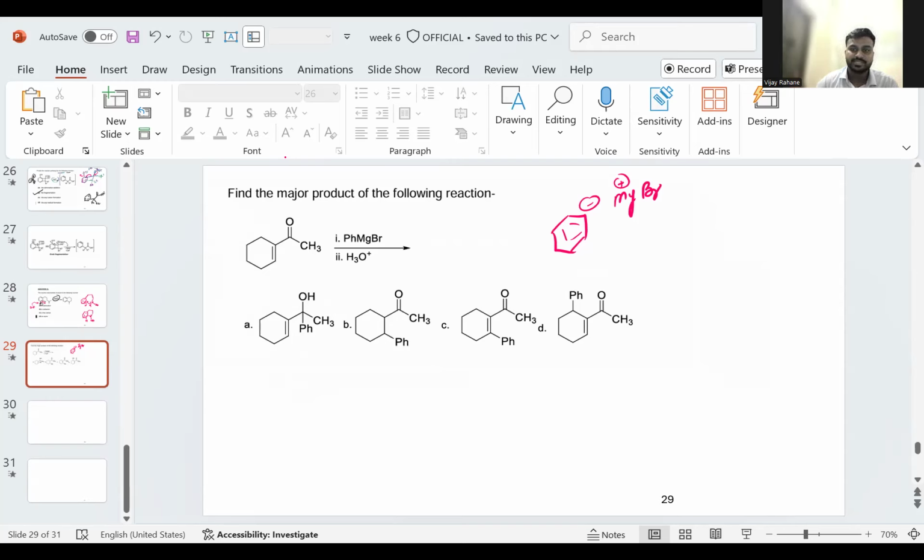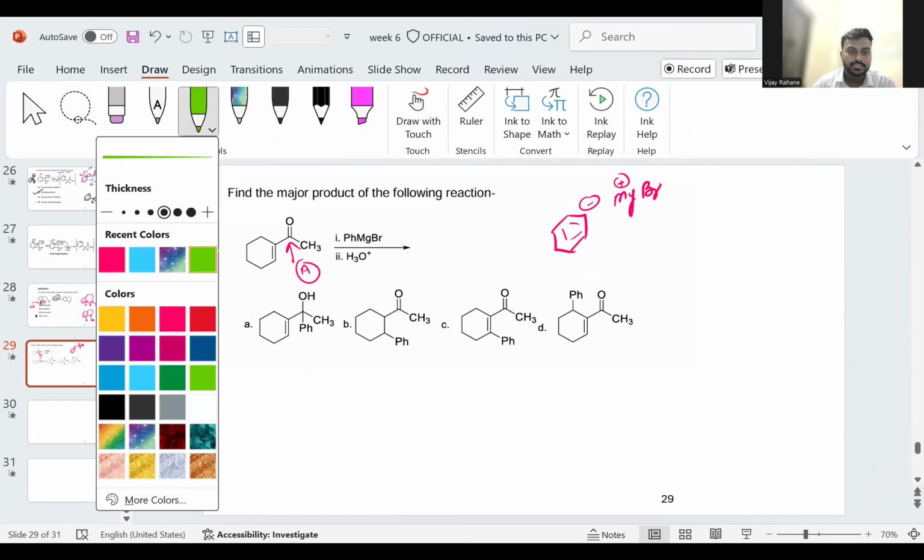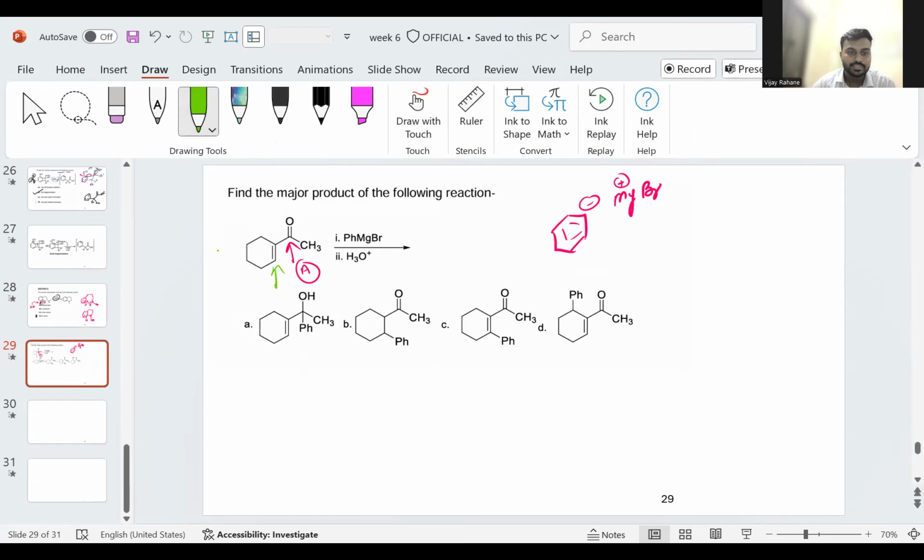And what happens if this phenyl magnesium bromide attacks the alpha beta unsaturated ketone? Whether it attacks directly on this position, so I will write A type of attack, and the second type of attack is on this position. So this is the B type of attack. So we call it 1-2 addition or 1-4 addition.